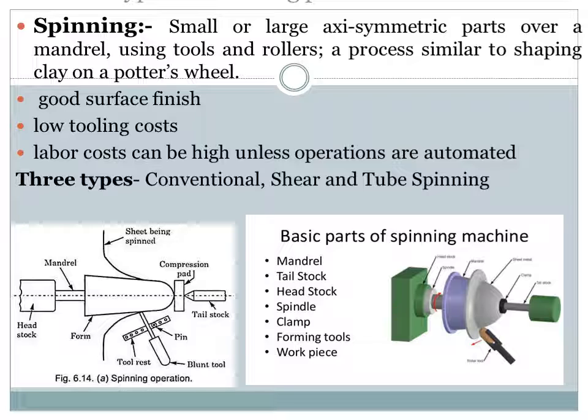There are some clamping arrangements for keeping the sheet metal disc between the mandrel and the tailstock, and then it has got a forming tool, and the operation is by movement of the cutting tool over the mandrel, and the shape of the mandrel is transferred onto the sheet metal.